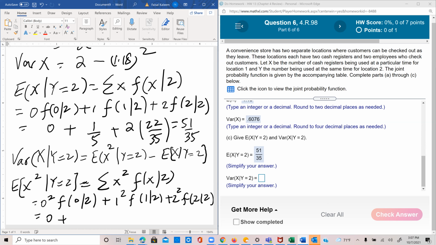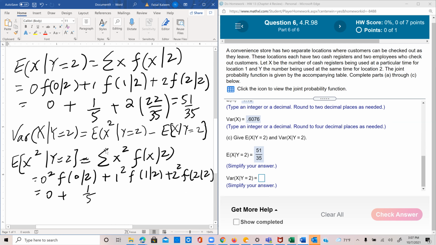So that's 0 plus 1/5 plus 4 times 22 by 35. 88 plus 7 is 95 by 35. So that's 19 by 7. Okay, and that's the E of x squared.